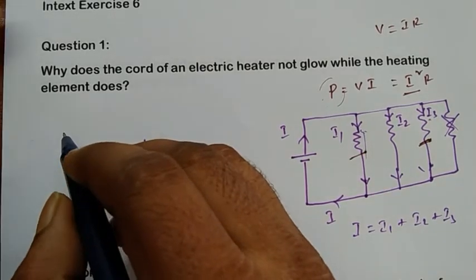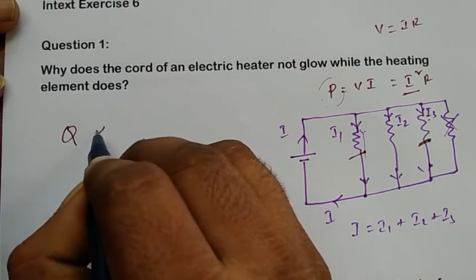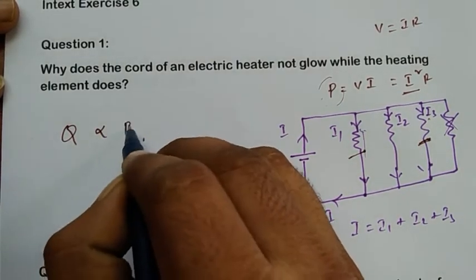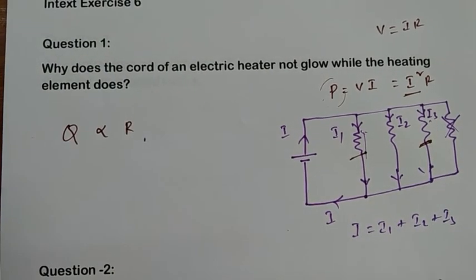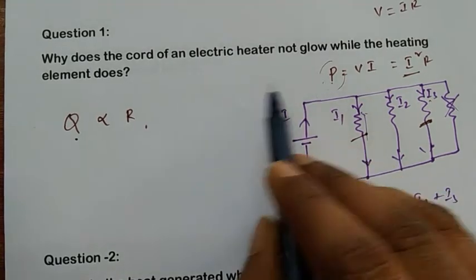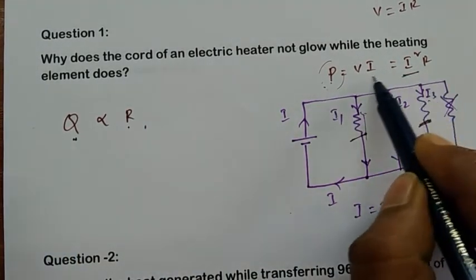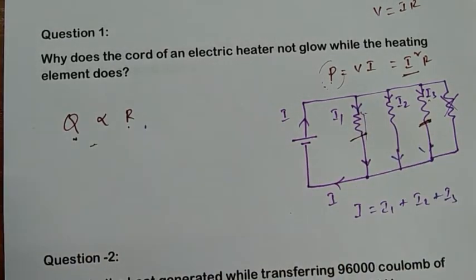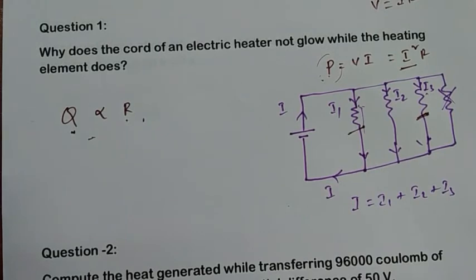Heat, denoted by the letter Q, produced in the system is proportional to the resistance of the system. More power indicates more heat energy, as I already said, and these are directly proportional. So heat energy is proportional to resistance.